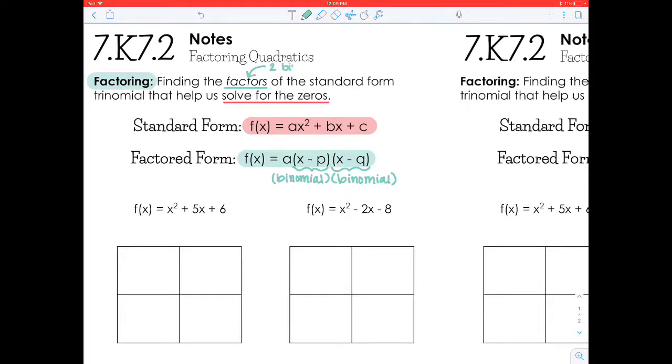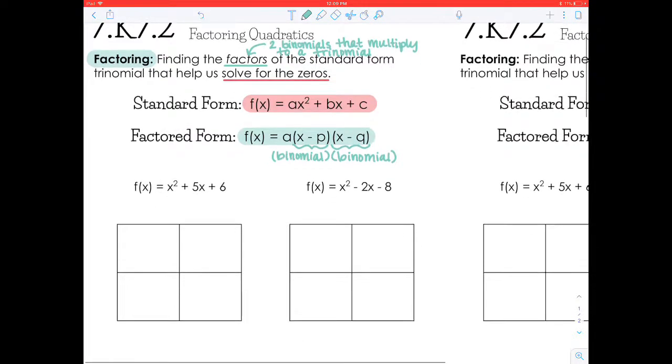So let's do two binomials that multiply to a trinomial. And if you also remember from last week's video, factored form shows us our zeros as well within those binomials. So within this process, it's going to help us solve for the zeros algebraically.